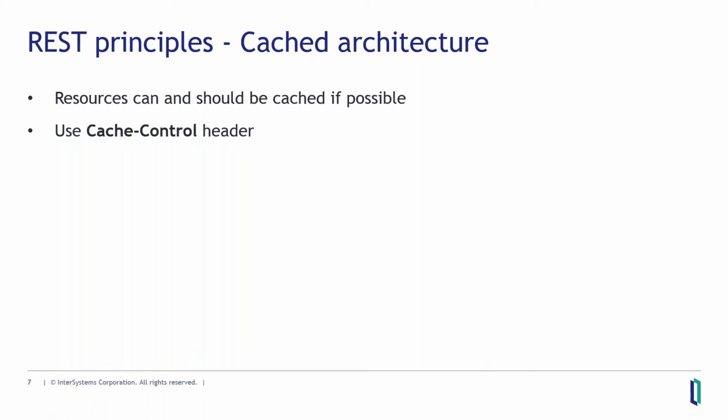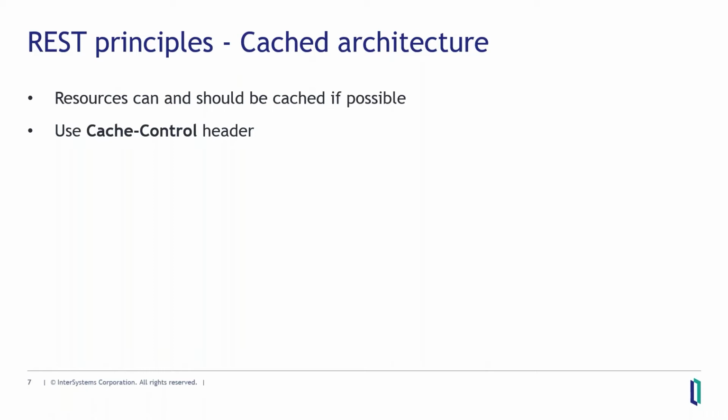So the idea behind cached architecture is that if you're returning a resource and you know that this resource is more or less immutable and stable and not going to change in the next 10 minutes, then you should add a special header which tells a client for how long this resource could be cached.